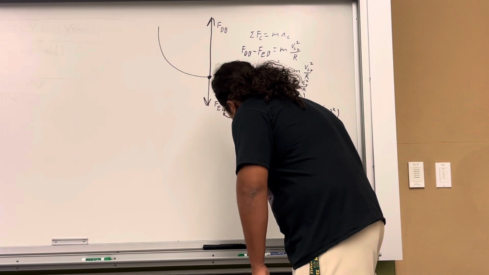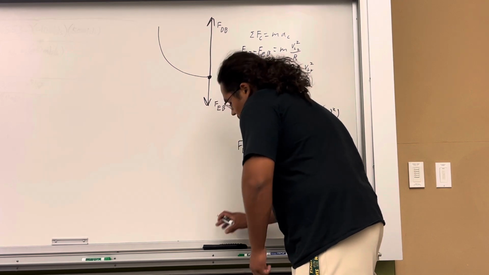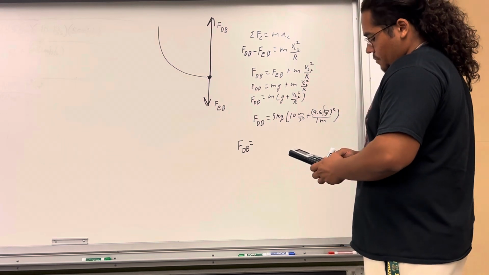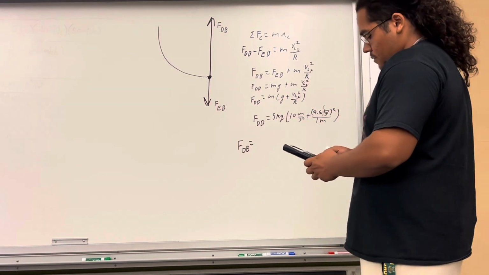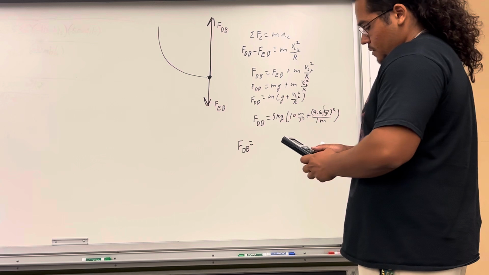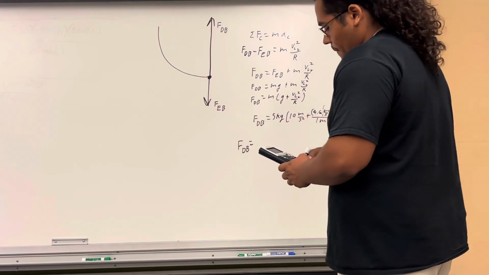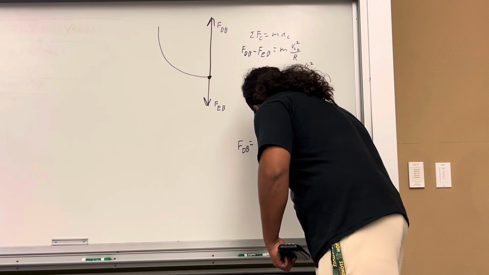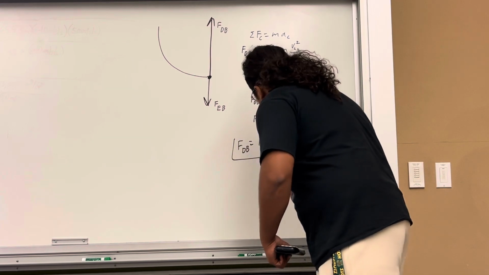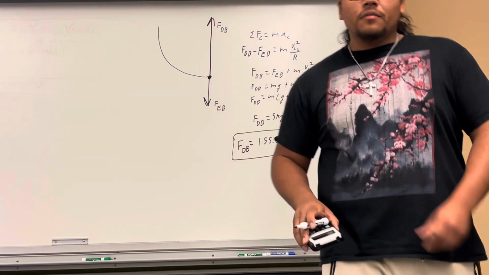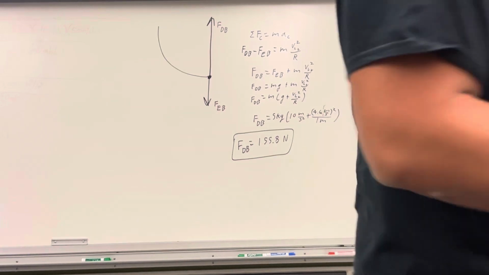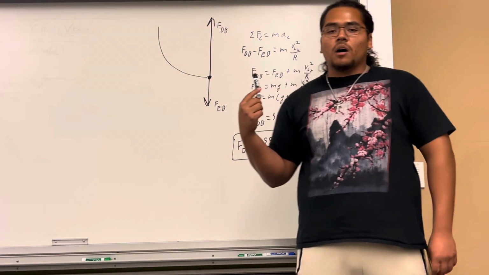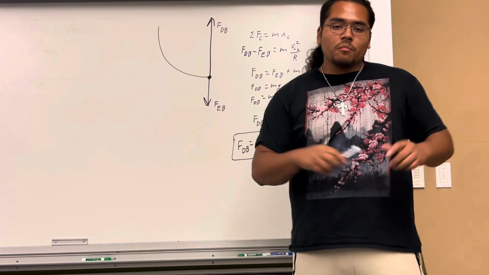So 5 multiplied by 10 plus 4.6 squared divided by 1. We get 155.8 newtons.